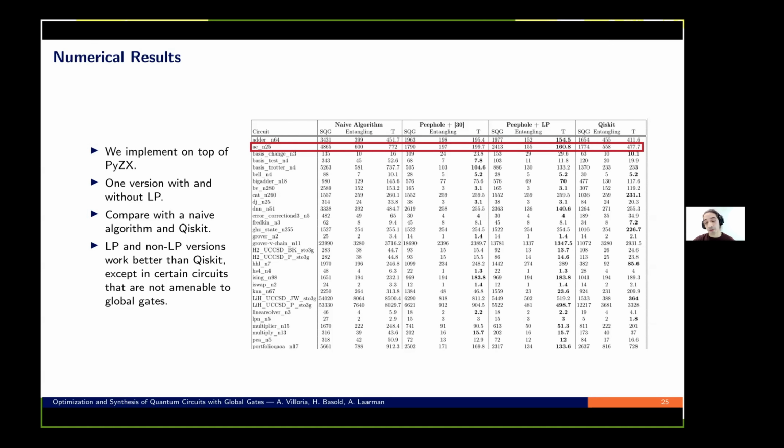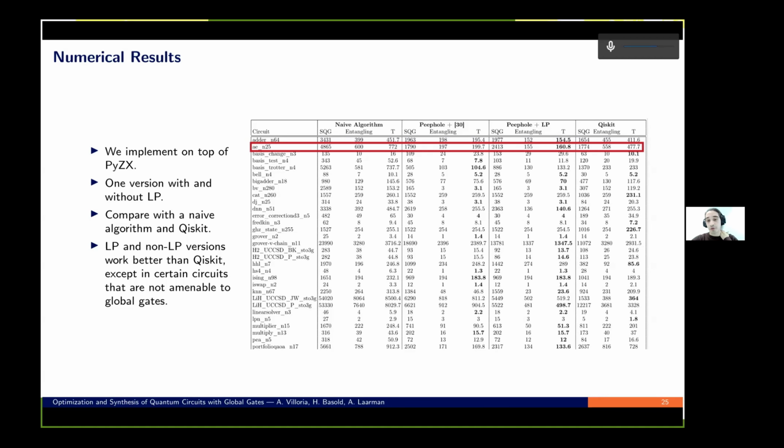When we're performing these rewrites of CNOT layers and control-Z layers into 2-qubit interactions, we were creating new Hadamard gates, and we're creating new rotation gates. So these can really add up in the end to your circuit depth.